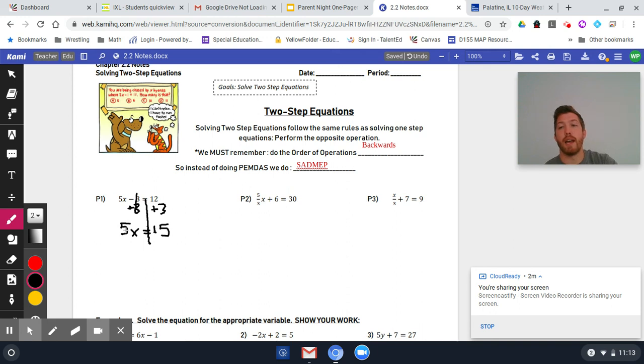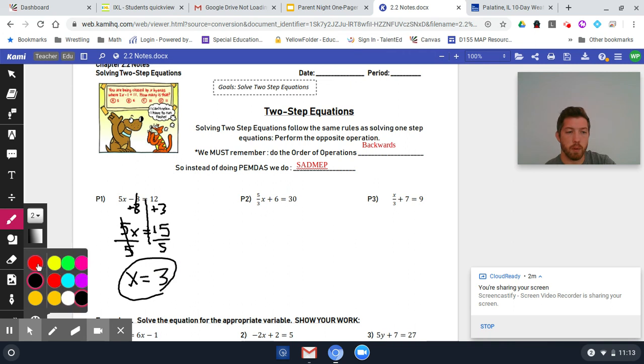We have to do the inverse, the opposite of 5 times x. Well, what is the opposite of multiplication? That is division. So now I need to divide both sides by 5. 5 divided by 5 is 1, and we do want positive 1x left. And then 15 divided by 5 is 3, and that is our answer.